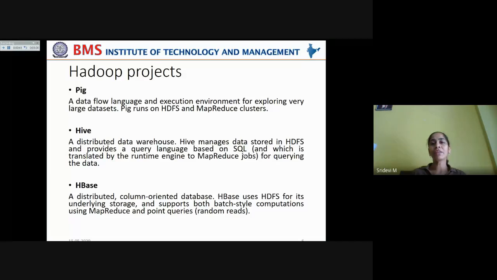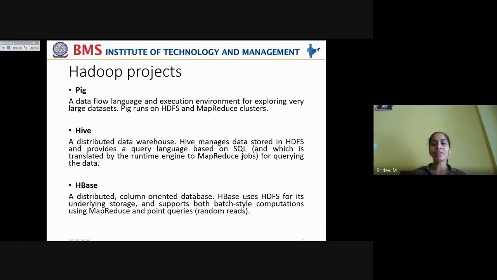And Hive is like your SQL. It is a distributed data warehouse, and Hive manages data stored in HDFS and provides a query language based on SQL, which is translated by the runtime engine to MapReduce jobs. Means on the front end, you write your queries to question your data set, and these queries are called Hive queries, also called Hive query language, HQL.